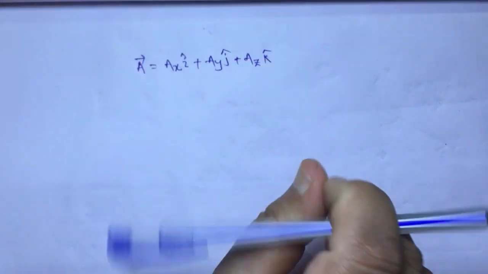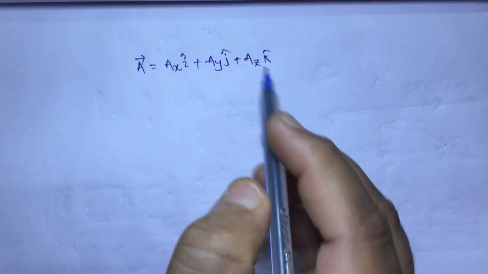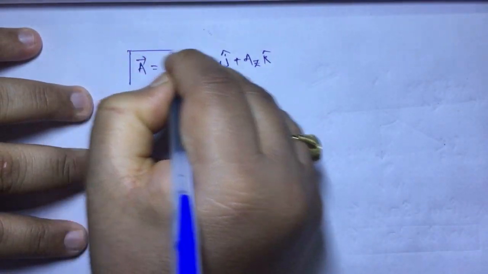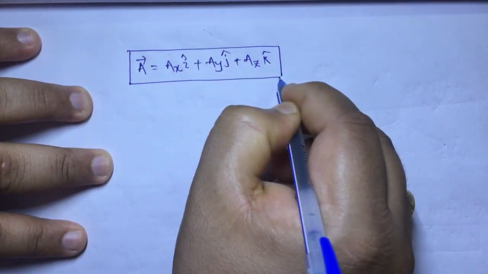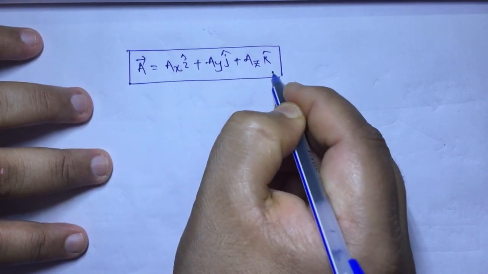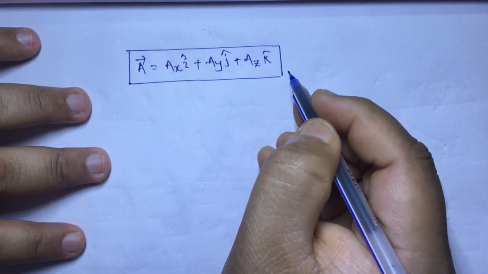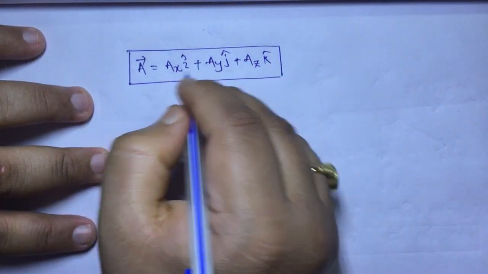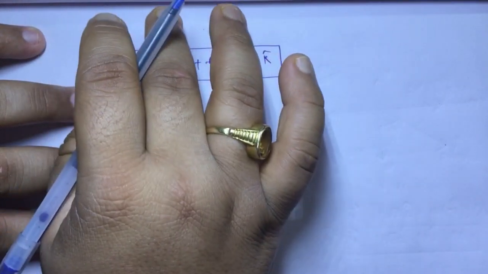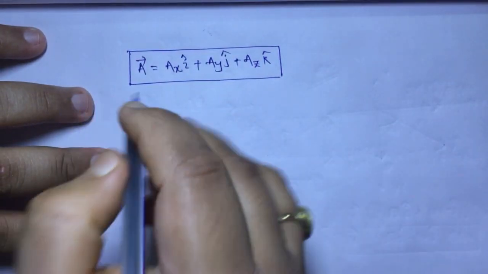All the 3 axes will have some component. So its mathematical form can be written like this: ax I cap plus ay j cap plus az k cap. This is the general mathematical form of any vector. Ax, ay, az values we can find as we have done previously.